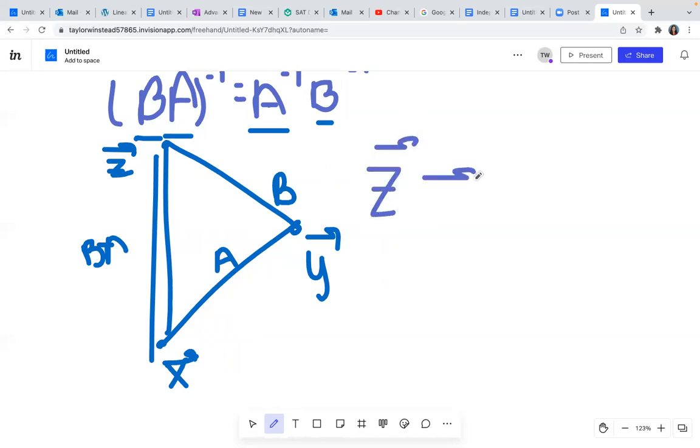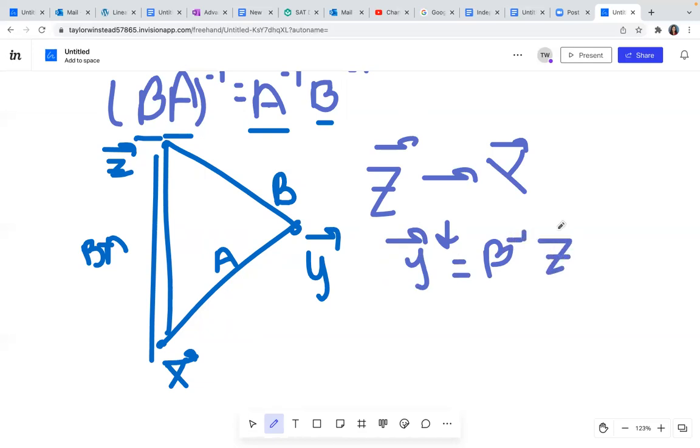The inverse. The first thing you have to do is Y is inverse B times Z, right? And then the second thing that you do is X is inverse A times vector Y, right?